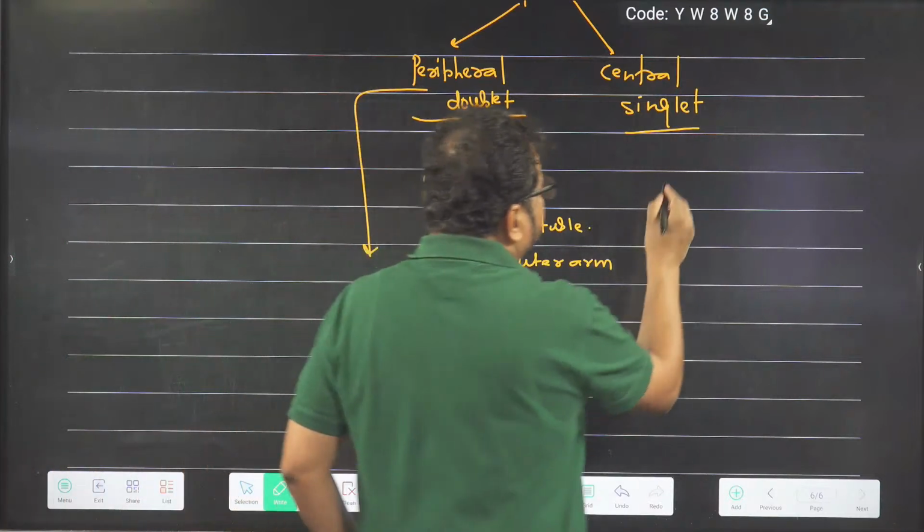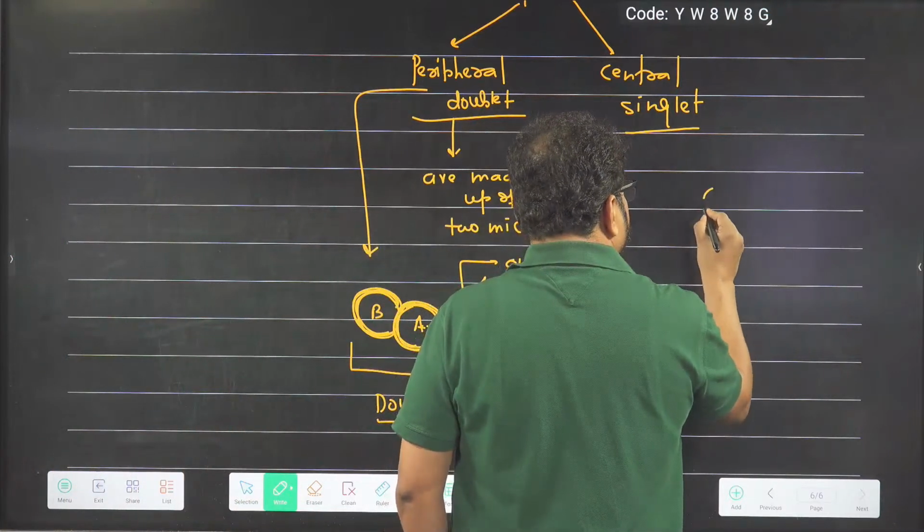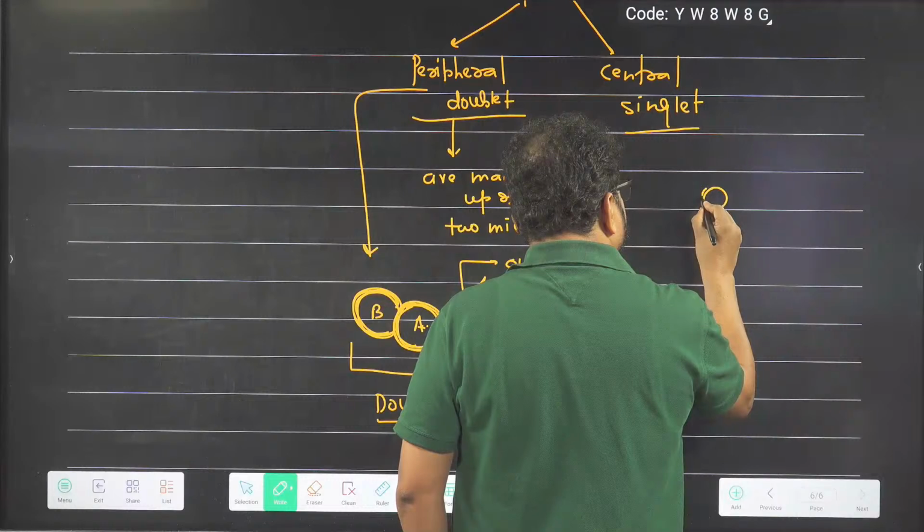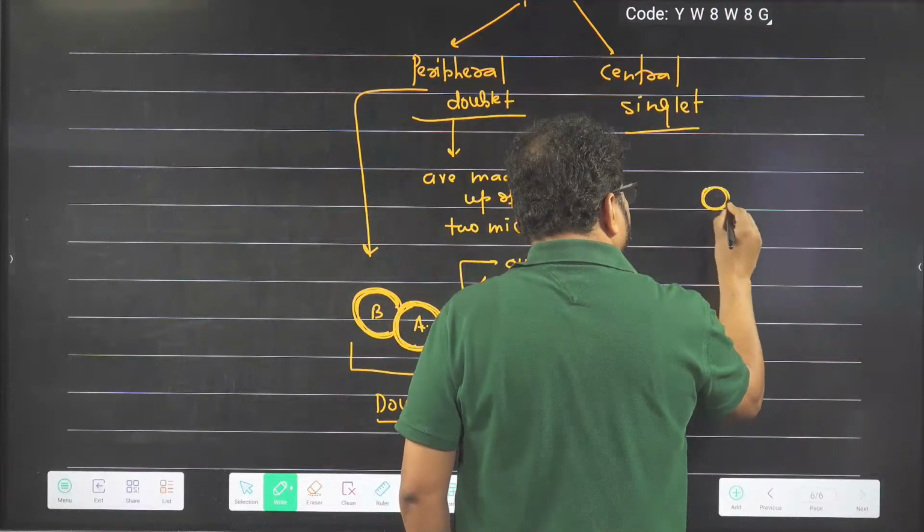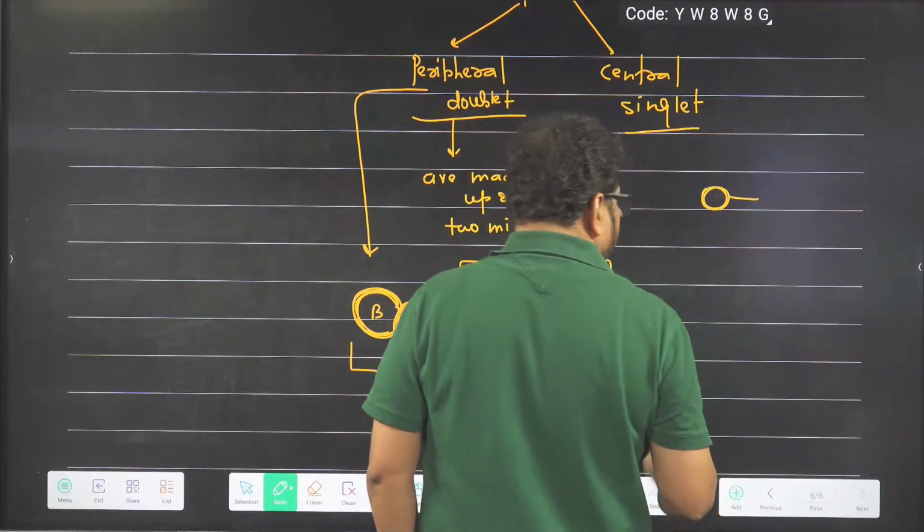Now the central singlet. Here 2 tubular structures are there, and another here.